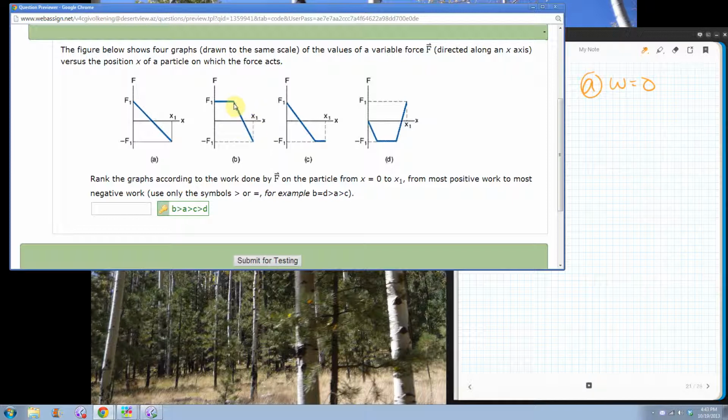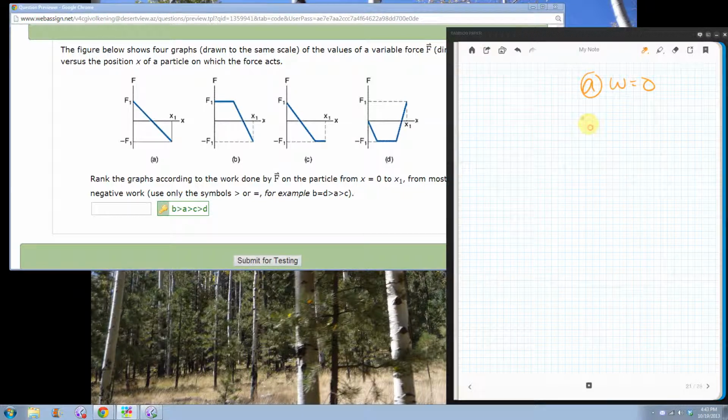What I'm really looking at is a positive area that's about half x1 in length, and F1 in height. So the work is about F1 times about half of x1, approximately.